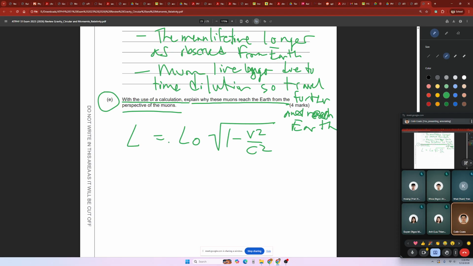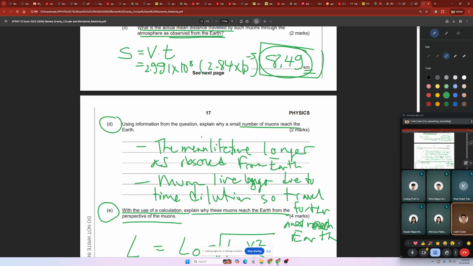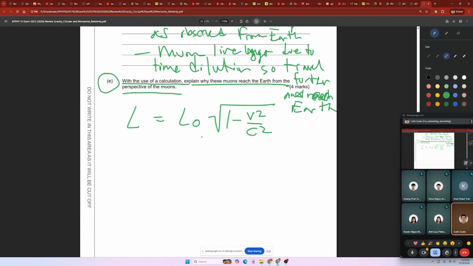So the length that they experience is what? The actual total distance traveled and the mean difference. Which one should we use? Anybody? What's your best guess?